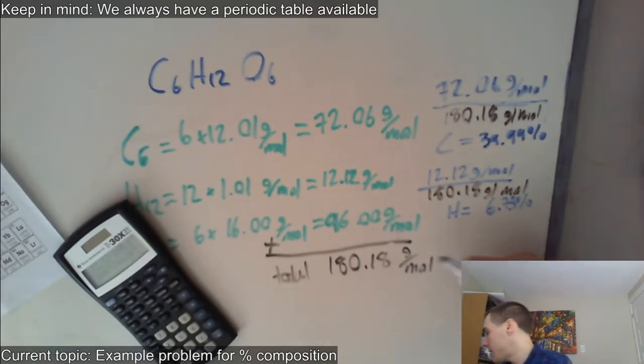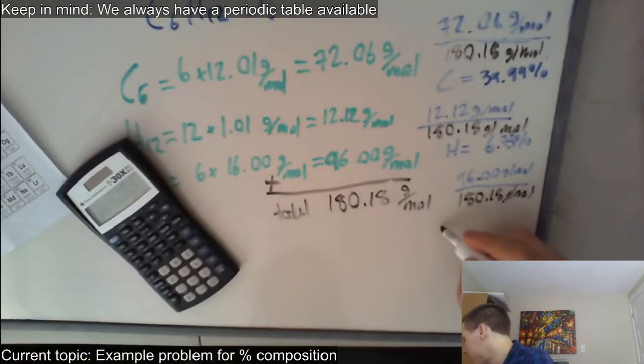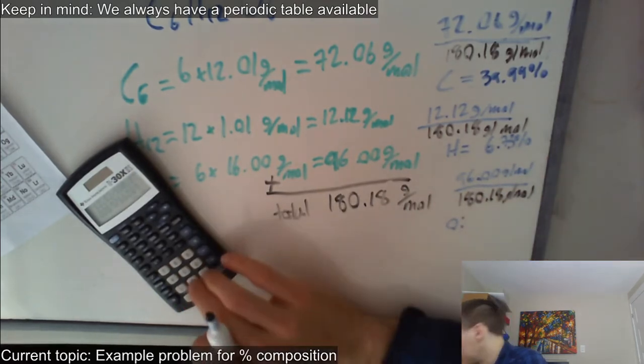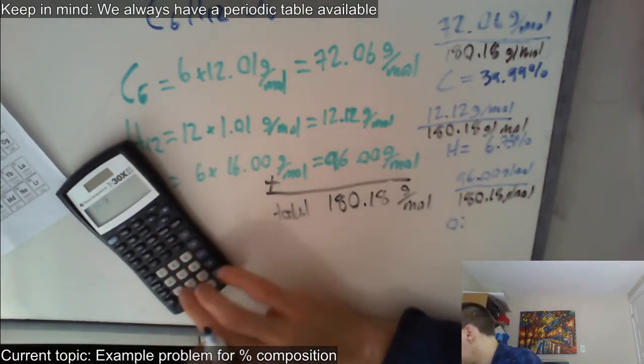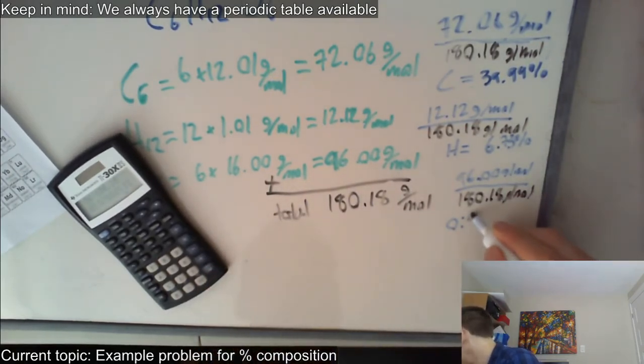And then for the oxygen, you've kind of got two options. You can either do the math at 96.00 grams per mole divided by our total, 180.18 grams per mole. Oxygen is 96 divided by 180.18, 53.28%.